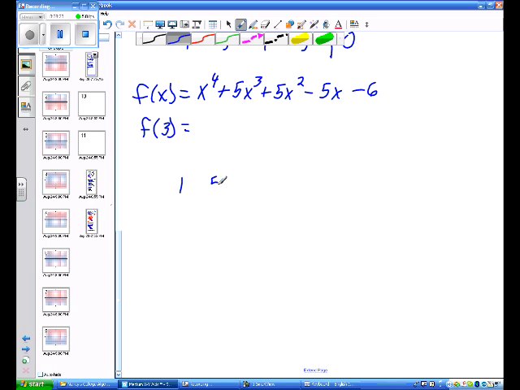So I have 1, 5, 5, negative 5, negative 6. I made sure the powers went 4, 3, 2, 1, so I didn't need to put in any zeros. My divisor is going to be 3.